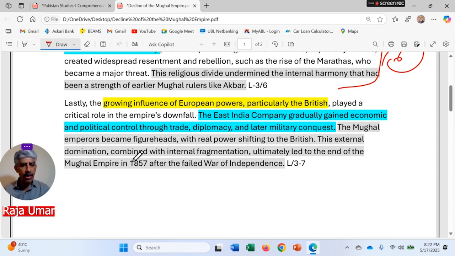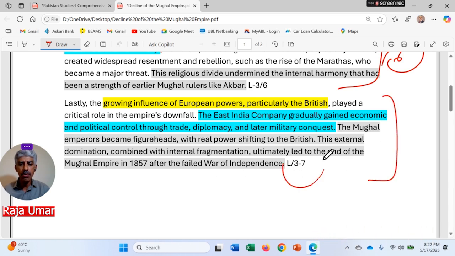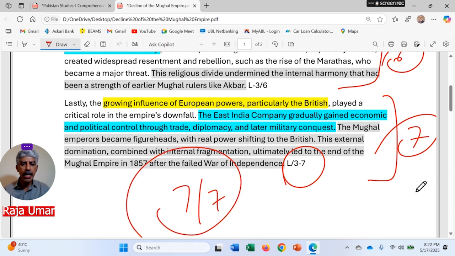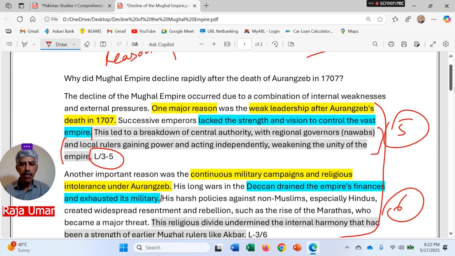This external domination, combined with internal fragmentation, ultimately led to the end of the Mughal Empire in 1857 after the failed War of Independence. So this is a really very good reason, leading to the ceiling of level 3. So, seventh mark.